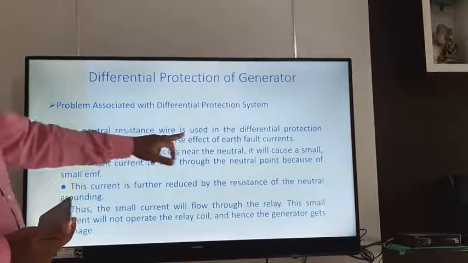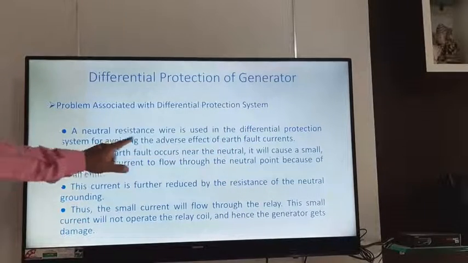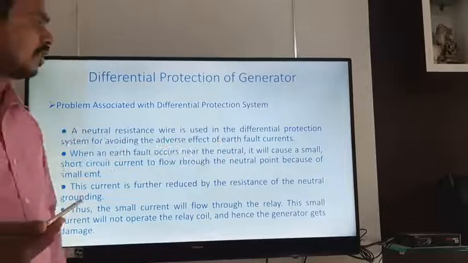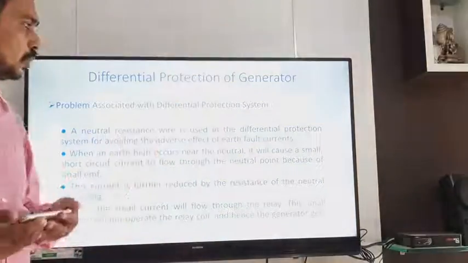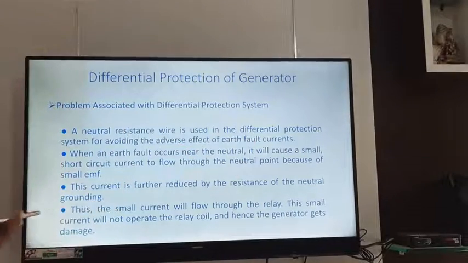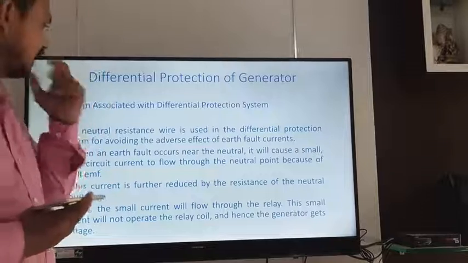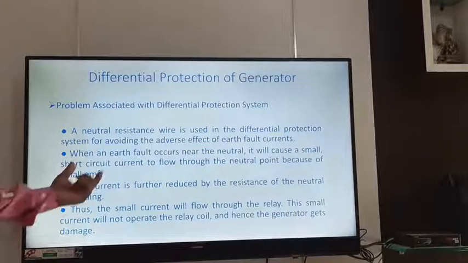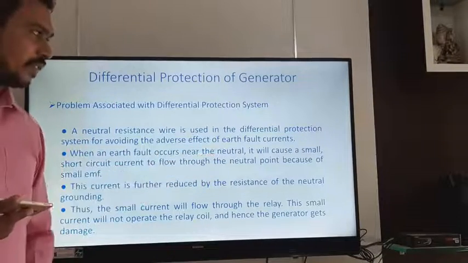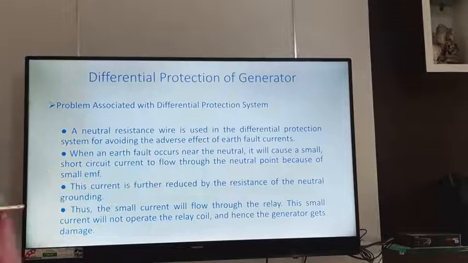The neutral resistance wire is used in the differential protection system to avoid the adverse effect of earth fault current. So if we want to remove the earth fault current effect, we have to use the neutral resistance wire in differential protection. When an earth fault occurs near the neutral wire, it will cause a small short circuit current to flow through the neutral point because of the small EMF.